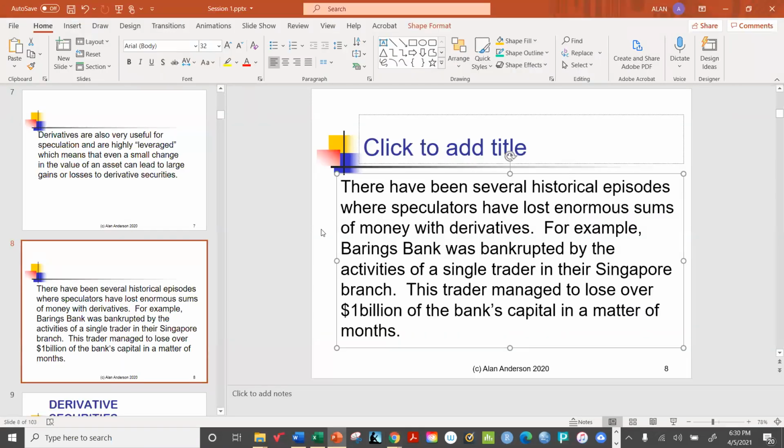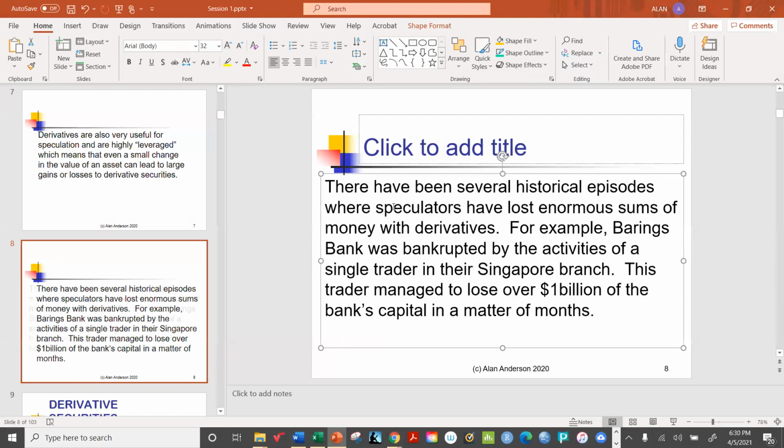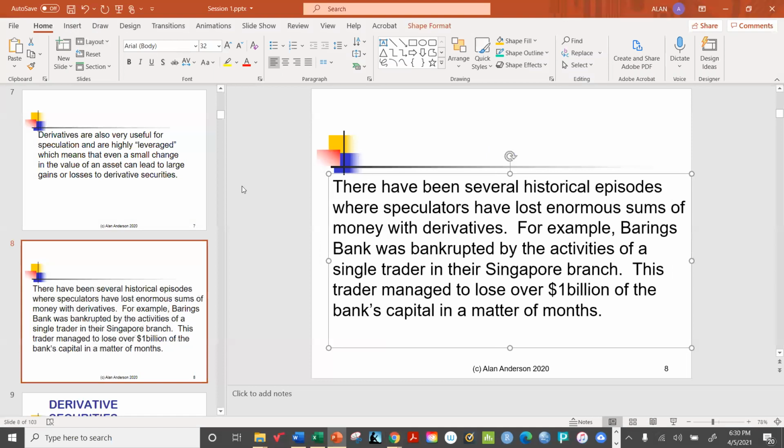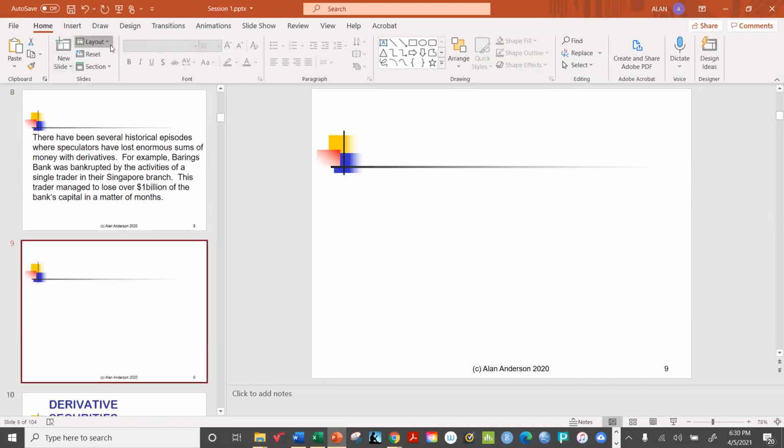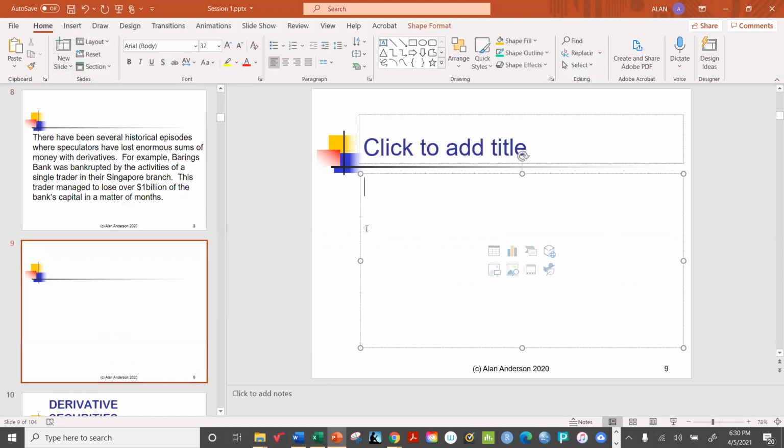Now, part of the reason why this was possible, a little historical background here: Barings had been around, and you've probably not even heard of them by now. Barings had been around for over 200 years.